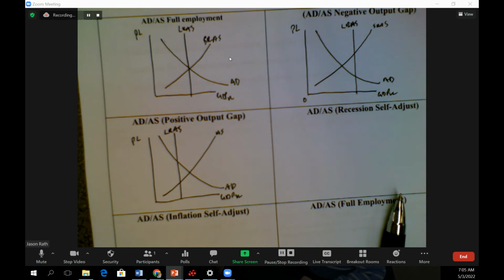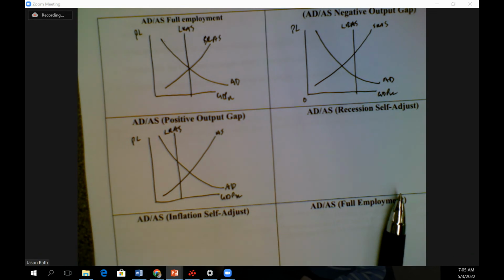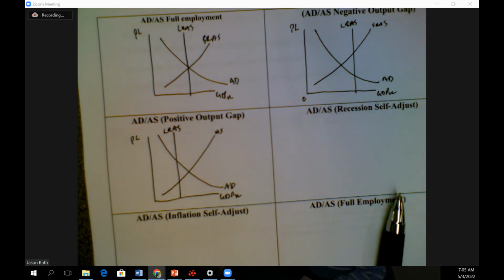Yeah, no worries. Okay, so how do we get out of this one again? So is this positive or negative? Positive. Okay, what's gonna shift? Demand. Yeah. You are correct. So yeah, to get out of that.